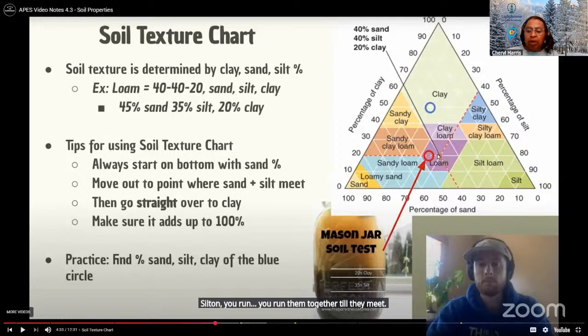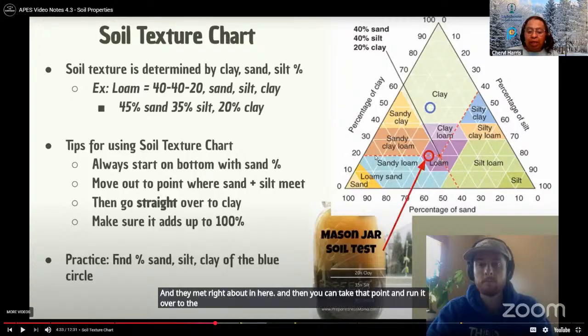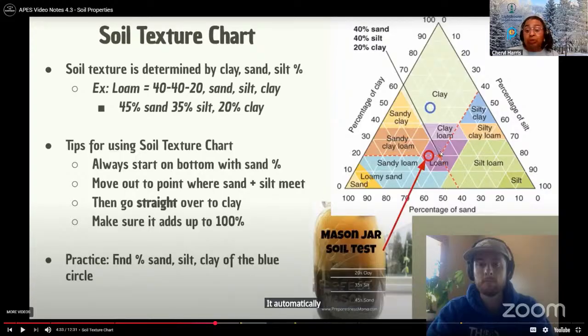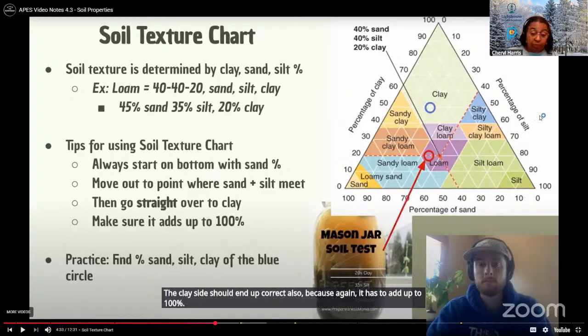And they met right about in here. And then you can take that point and run it over to the clay side, and that added up to the 20%. It automatically added up to 20%. If you do these two sides correctly, the clay side should end up correct also, because again, it has to add up to 100%.